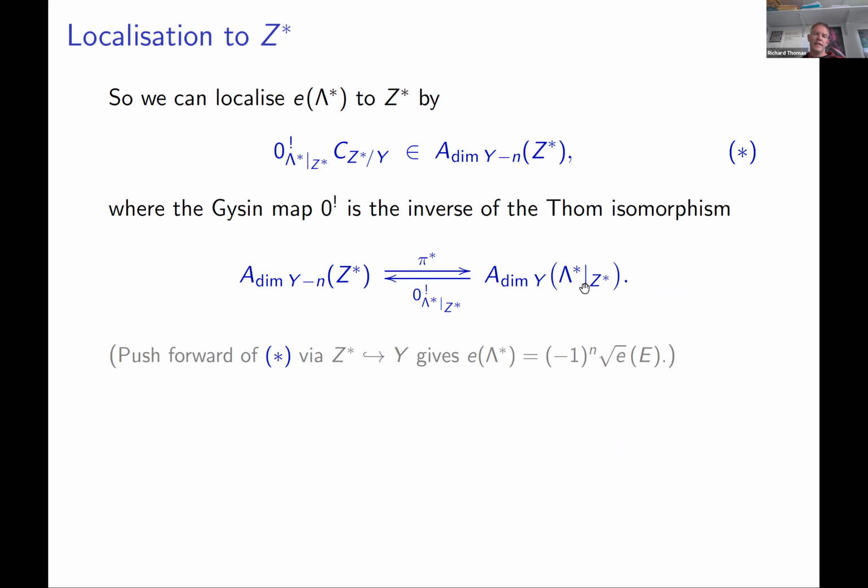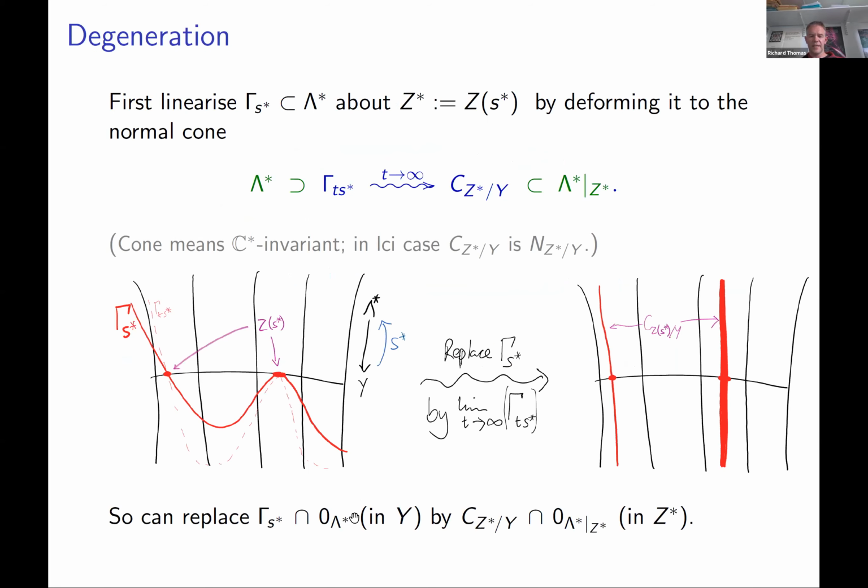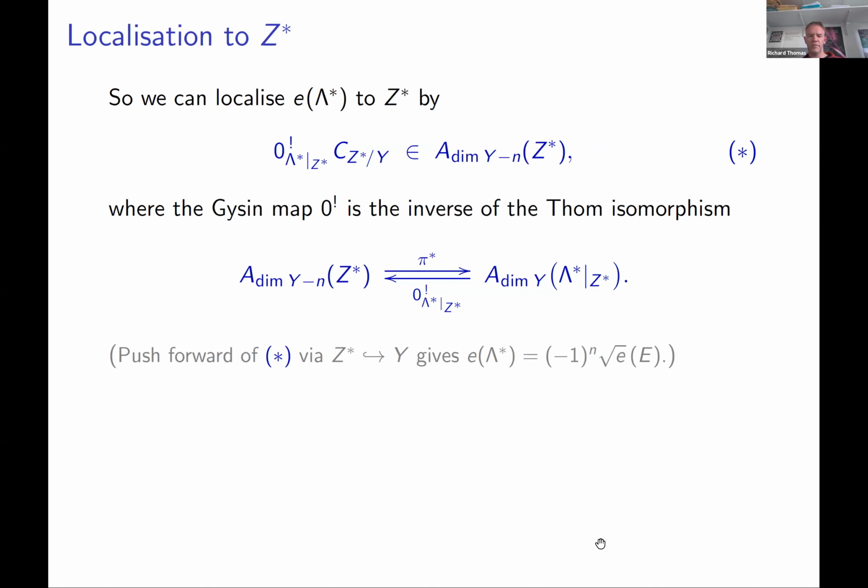So I'm intersecting this red cone here with the zero section of lambda dual, restricted to Z dual. The way you do that is by the Gysin map, which is just the inverse of the Thom isomorphism.